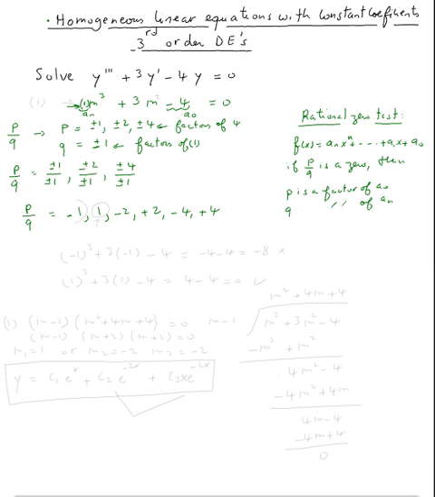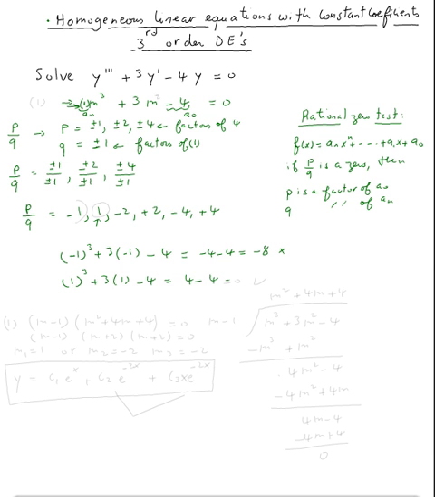If you plug negative 1 into here, we get negative 1 cubed plus 3 times negative 1 minus 4, and this is minus 1 minus 3 minus 4, negative 8. This does not work. So let's try 1. As long as one of them works, you'll stop. So let's try 1. 1 cubed plus 3 times 1 minus 4.